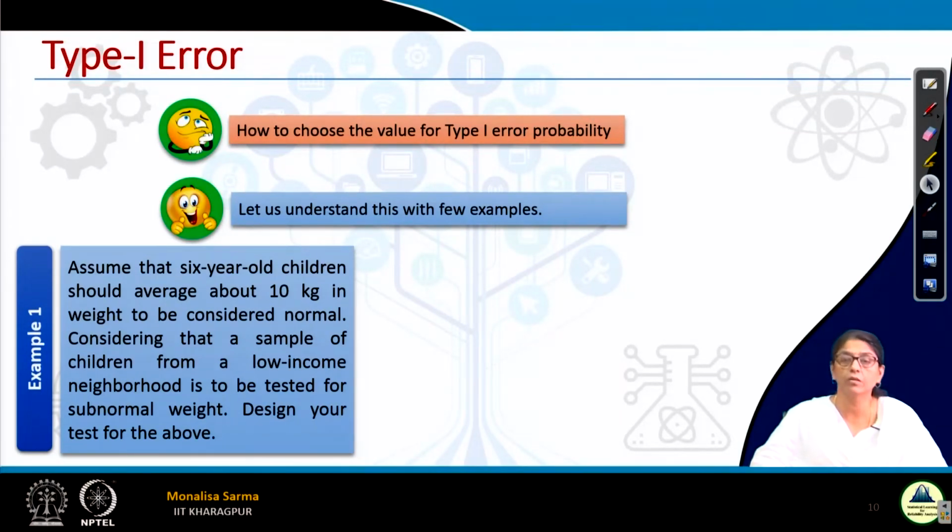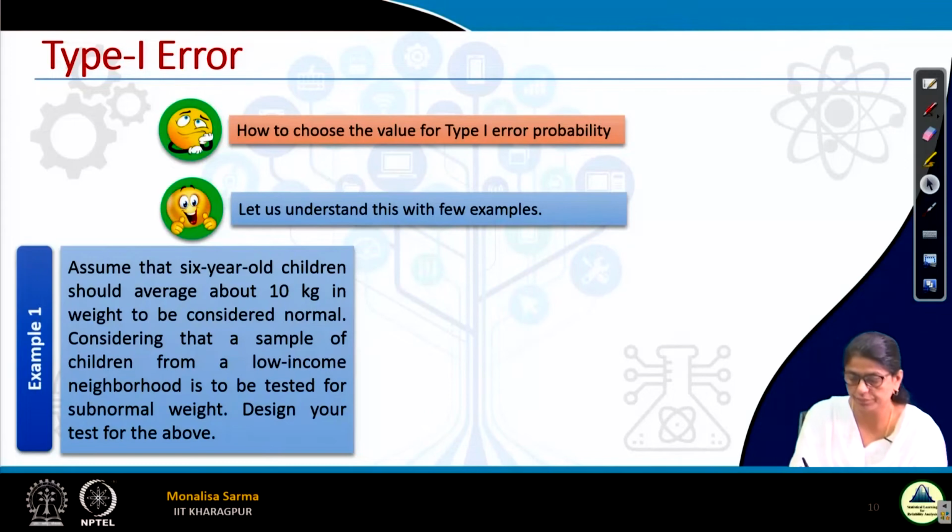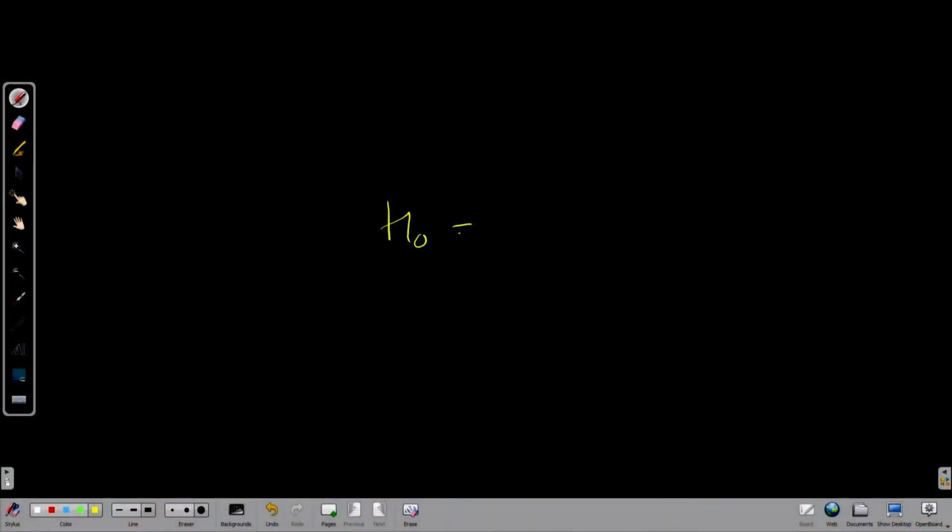Here, if my intention is that if not required, I will not start the nutritional program, in that case I will make the alternate hypothesis mu greater than 10. But see the significance here. When my null hypothesis is mu equals 10, if it is true and I still reject it, let me first write it. The null hypothesis H0: mu is equal to 10.